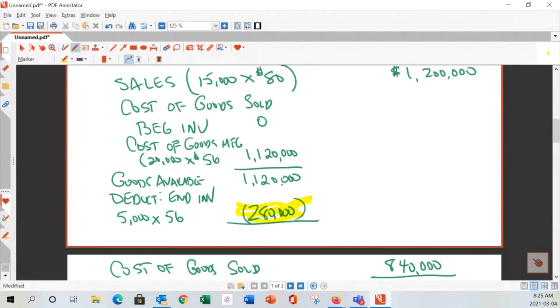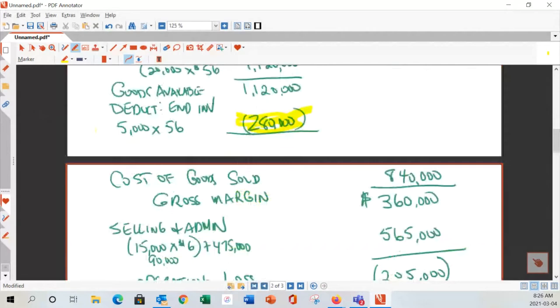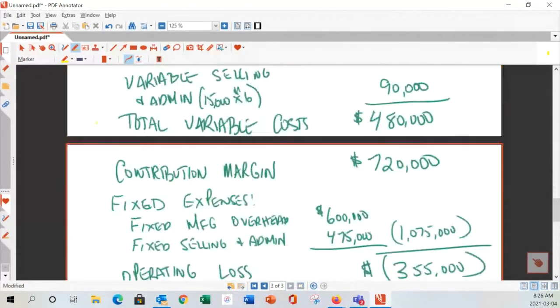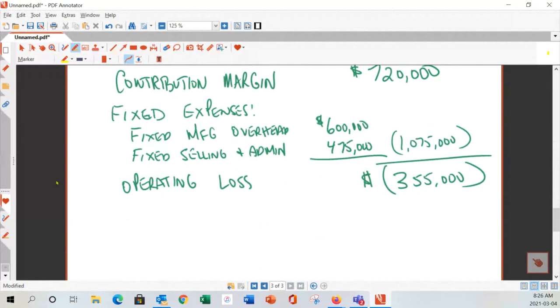So those are our differences there, and so the 280 and the 130, that's a difference of 150,000. Okay. And what that's explained by is the fact that we have fixed costs in the product cost under absorption costing, whereas variable we don't. So let's look at this.